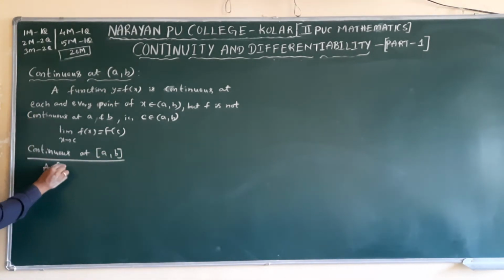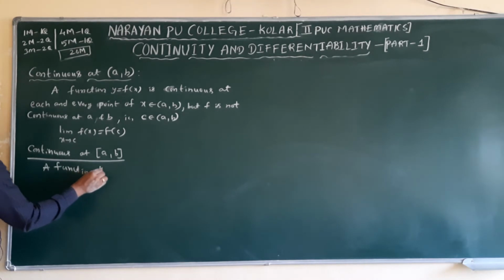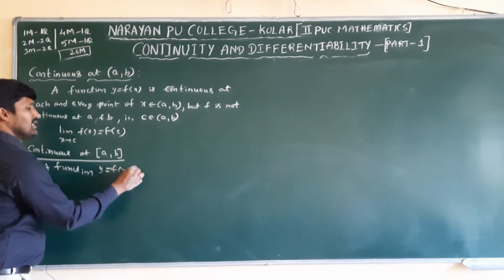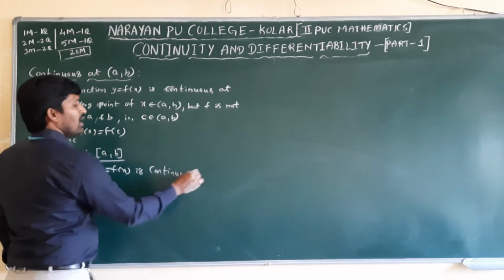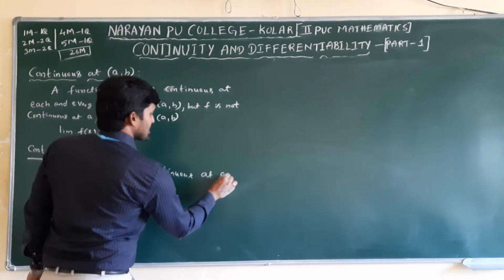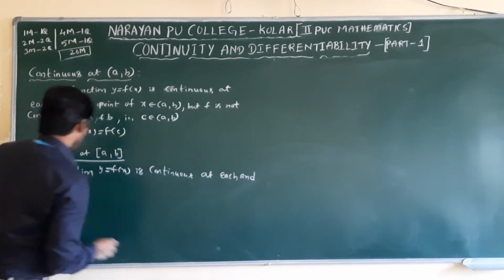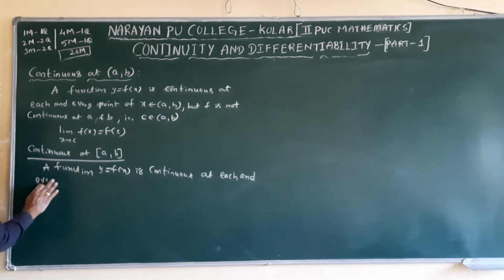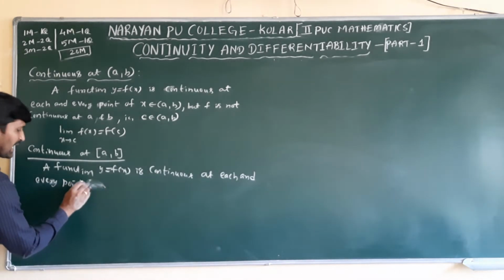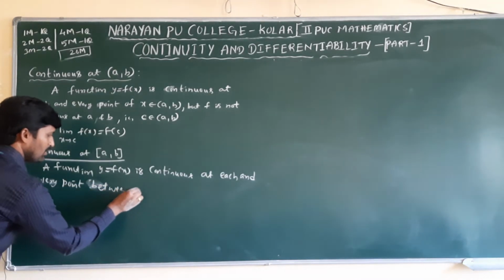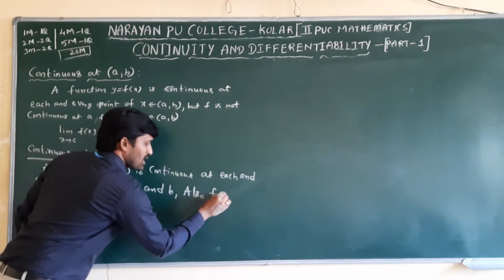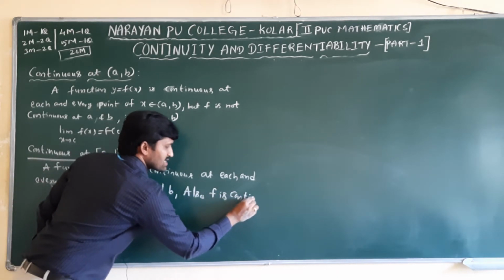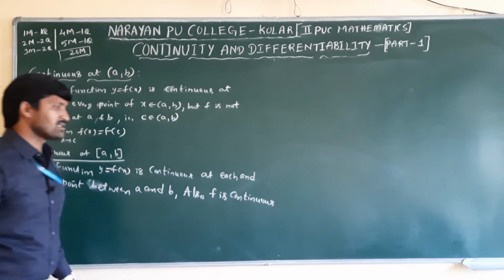Same here: a function y is equal to f of x is continuous at each and every point between a and b, and f is also continuous at the extreme points, because here a and b are included in the interval.